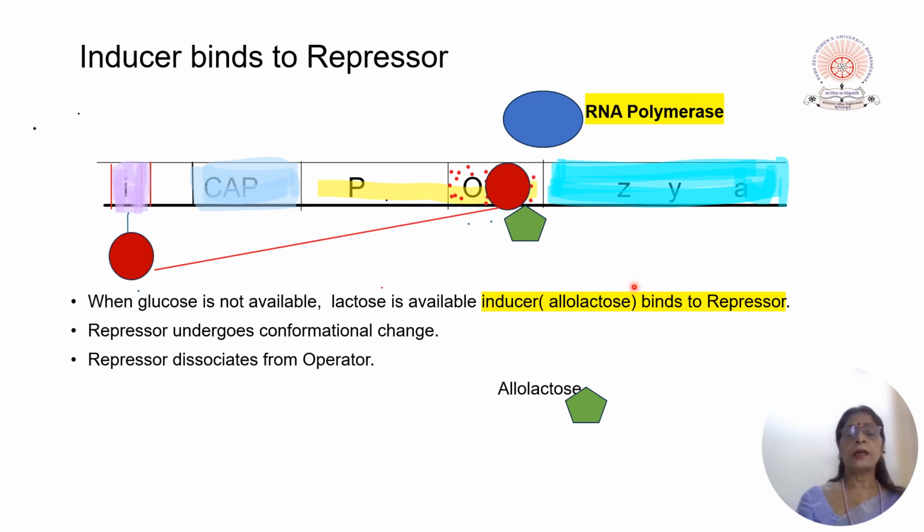In E. coli, allolactose is always present in the cell at a lower concentration. So when needed, allolactose binds to the repressor. Binding of allolactose to the repressor brings about a conformational change, and in the changed conformation, repressor cannot bind to the operator, so it dissociates from the operator.